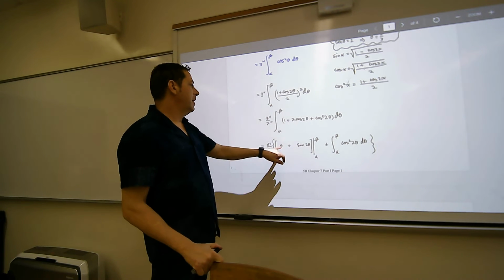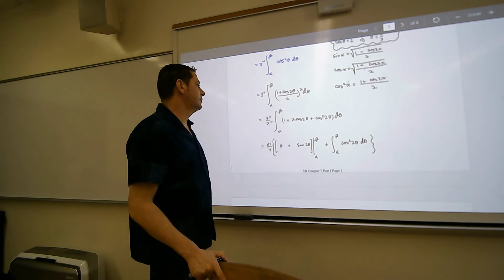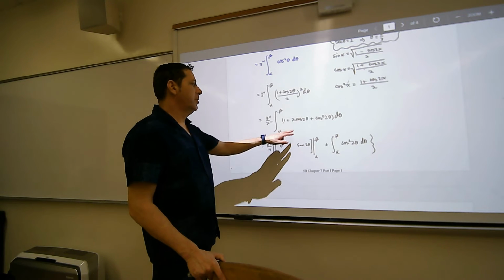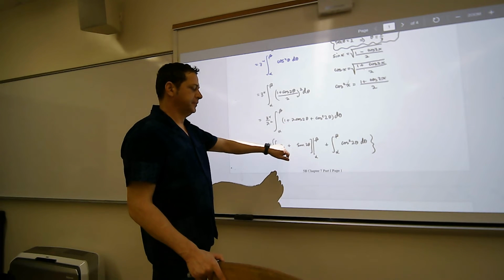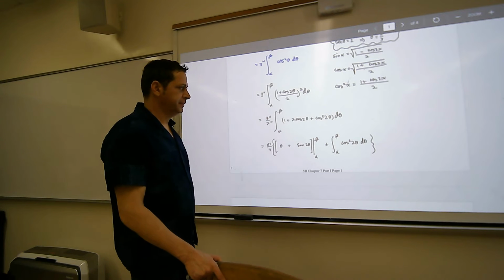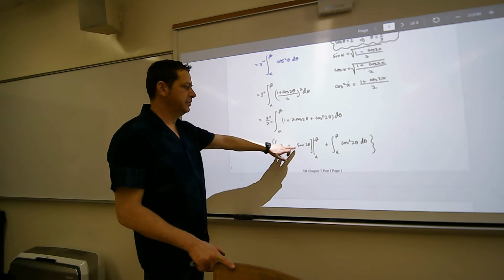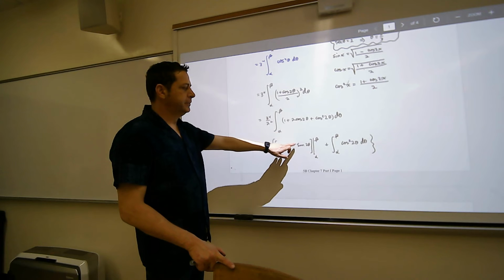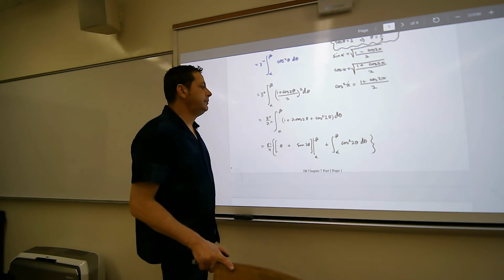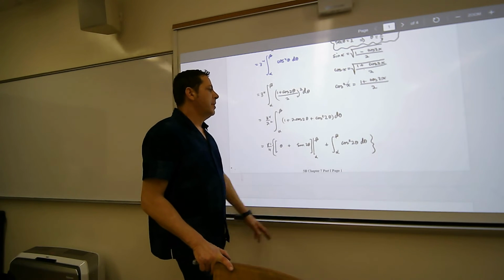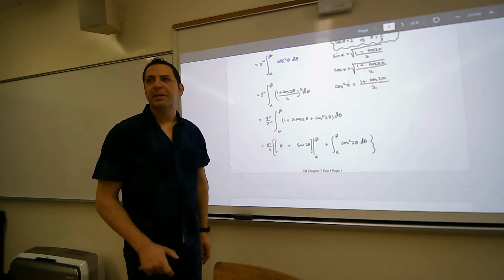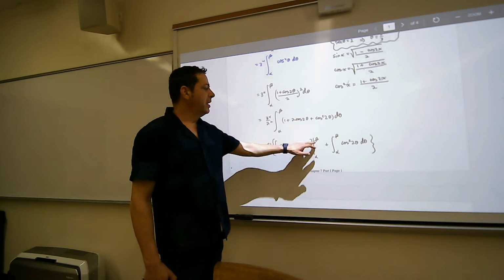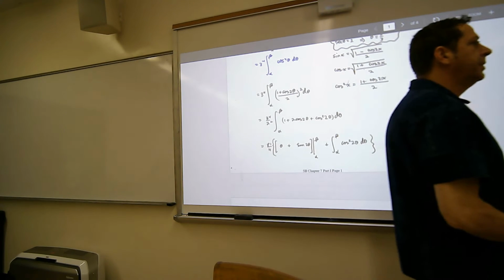The integral of 1 d theta is theta. And the antiderivative of cosine 2 theta is sine 2 theta over 2. That's why that 2 is gone. And I just have that remain to deal with. But I put alpha beta. I haven't evaluated yet.